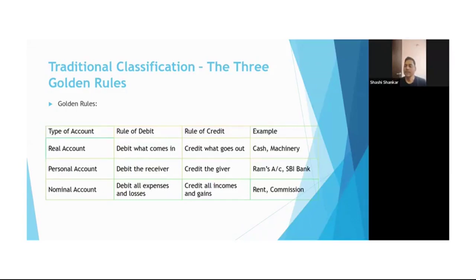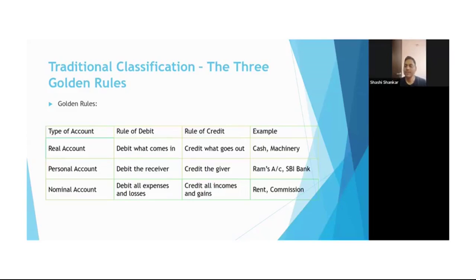Here I can give an example. Machinery purchased on cash, 2000. That means cash goes out. So what goes out, as per the real account rule, is on the credit side, and machinery purchased comes into the business, so it should be on the debit side.